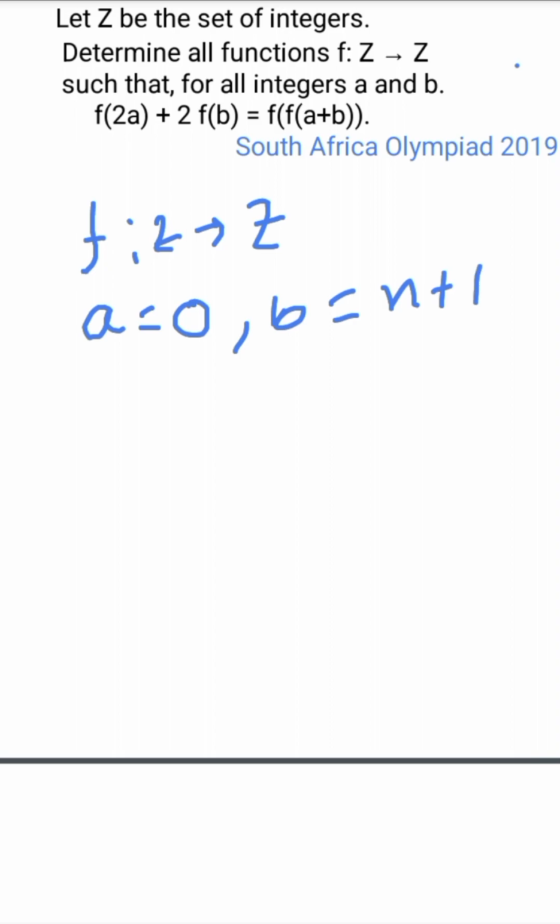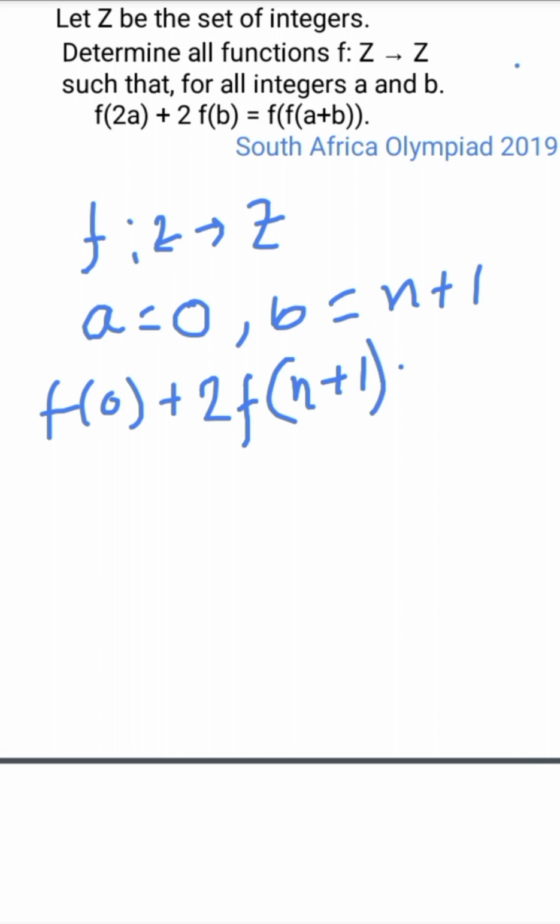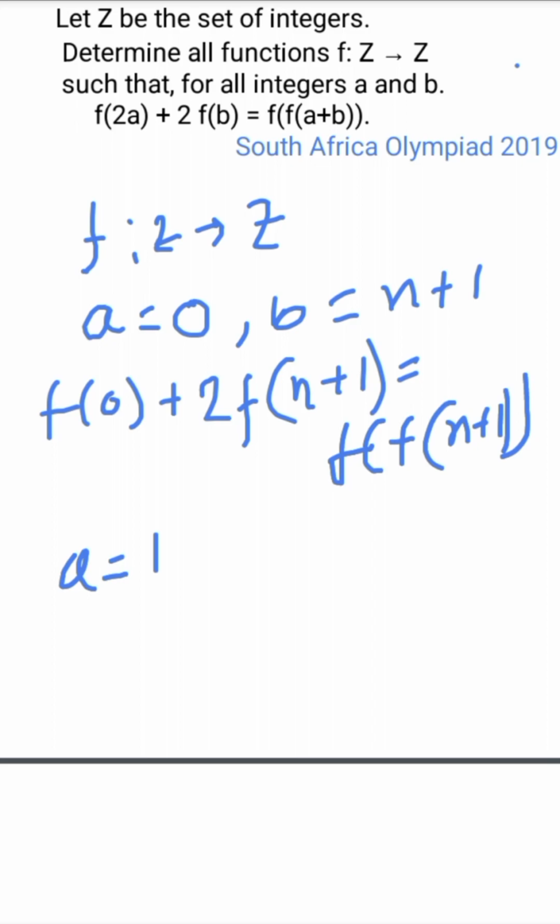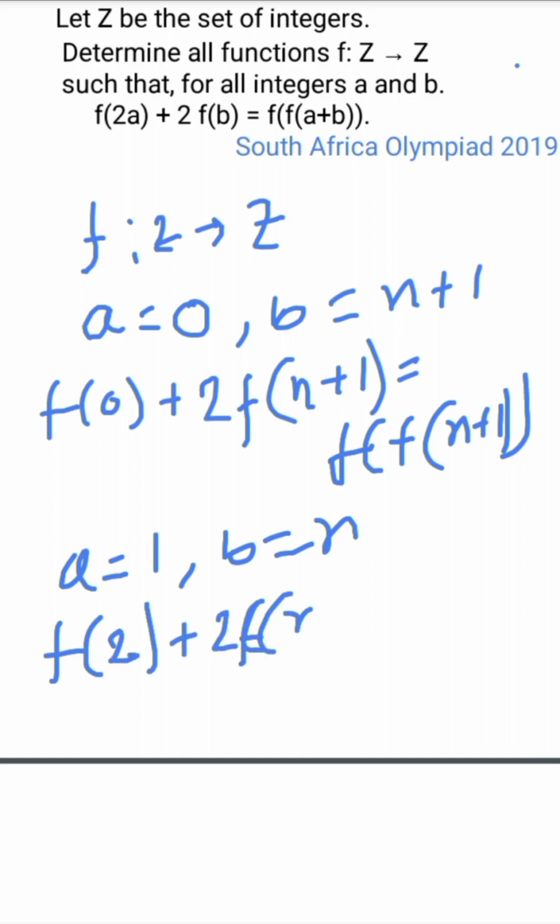Then the equation will be f(2a), that is f(0), plus 2 times f(b), that is 2f(n + 1), equal to f(a + b), that is simply n + 1, because here a is 0. And let's now substitute a by 1 and b by n. Then we will get f(2) plus 2 times f(b), that is f(n), equal to f(n + 1).